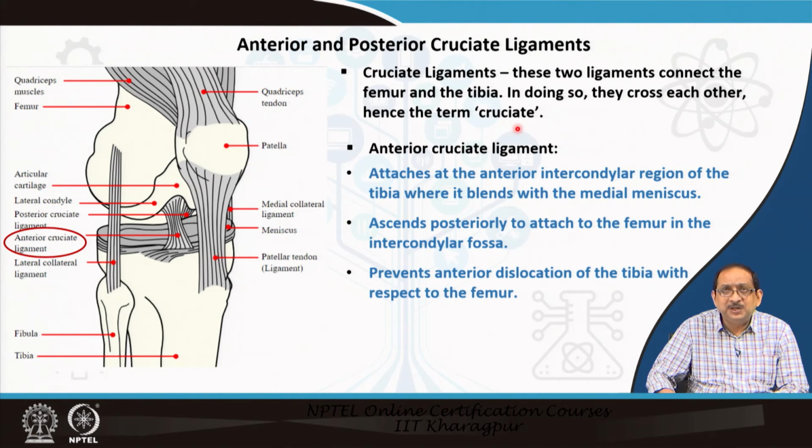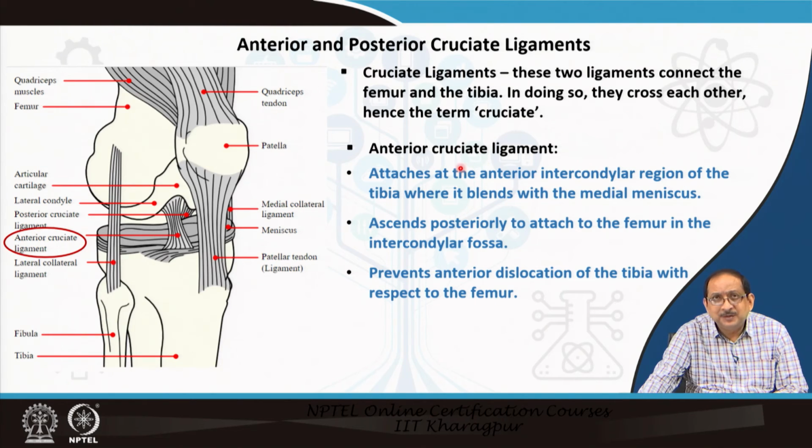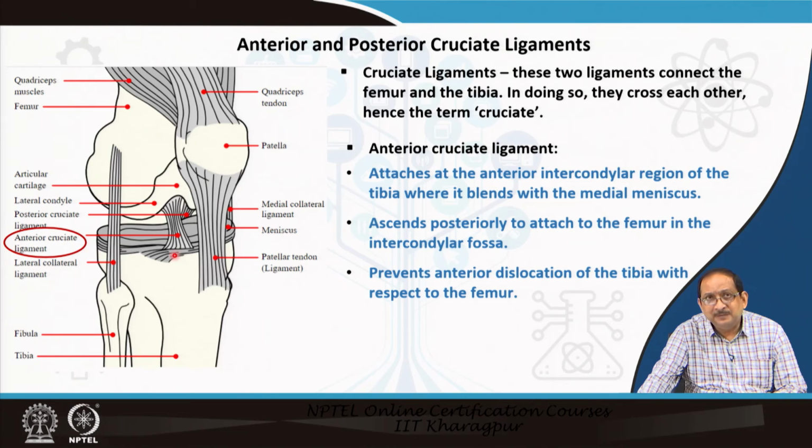The anterior cruciate ligament attaches at the anterior intercondylar region of the tibia and it blends with the medial meniscus.